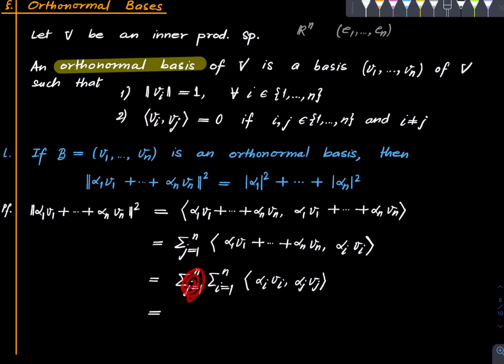If you fix a j, the only i which makes this non-zero is j, because vi and vj are orthogonal whenever i is different from j.